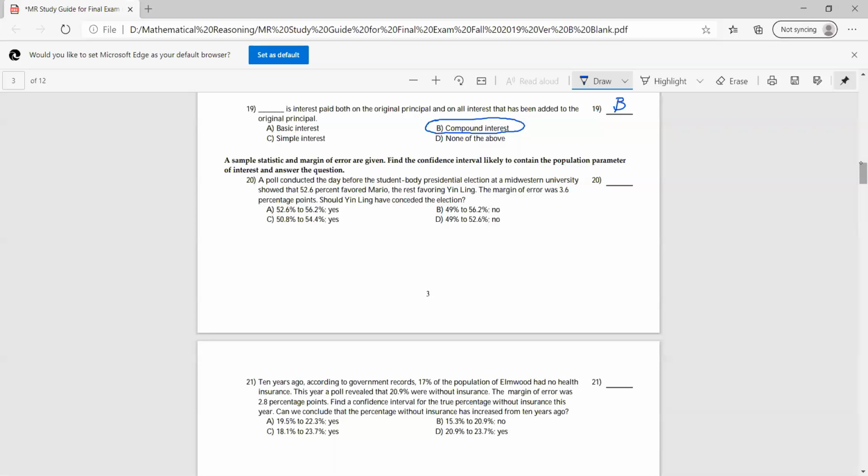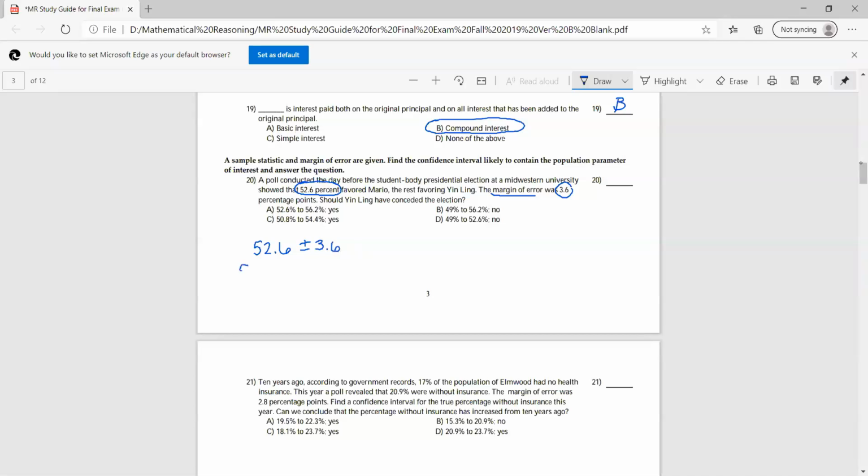Well, the first thing that we want to take into account is that 52.6% favored Mario, so the rest favored Yin Ling. Now, we also have this margin of error that's important. And remember, with the margin of error, you want to add it and you want to subtract it.